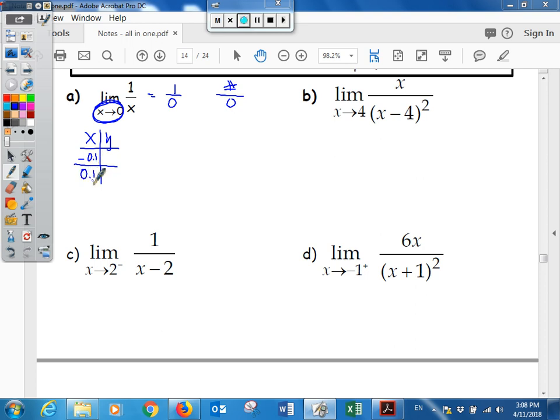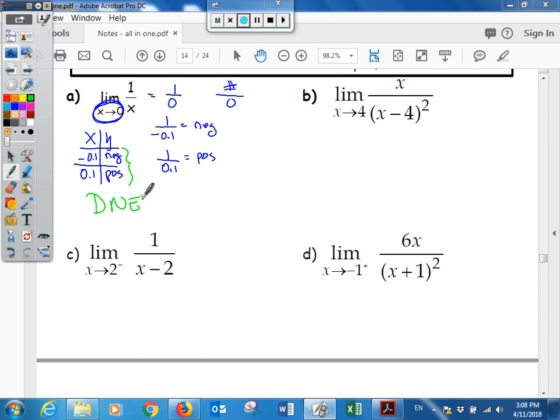When I plug in negative 0.1, 1 over negative 0.1, I get a negative result. I don't really care what the number value is, all I care is if it's positive or negative. If I plug in a positive 0.1, I get a positive result. I look at these results on the left and the right. If they are not both positive and not both negative, then my limit does not exist.